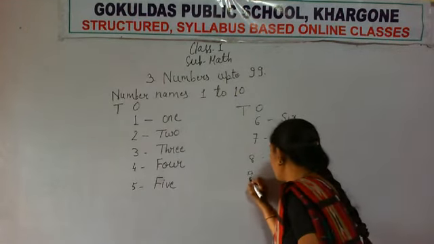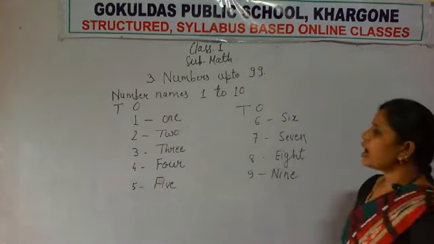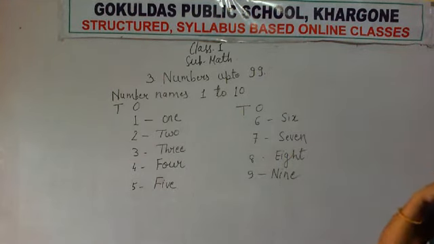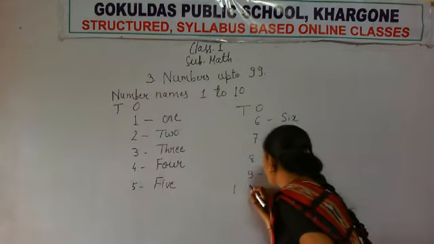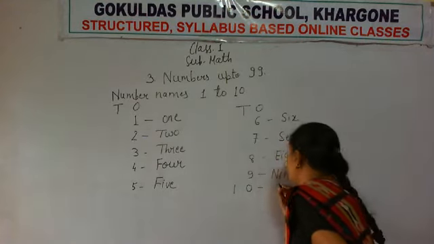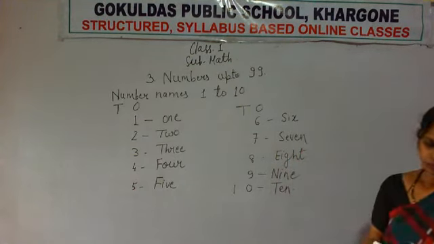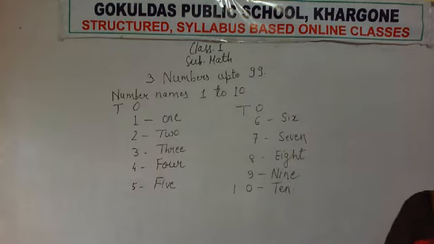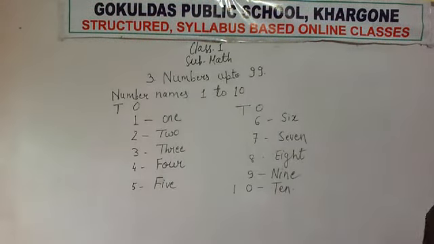Next, 9. N-I-N-E, 9. And 10. How do we write 10? 1 in tens column and 0 in ones column. Tens. T-E-N, 10. Okay. Write it.